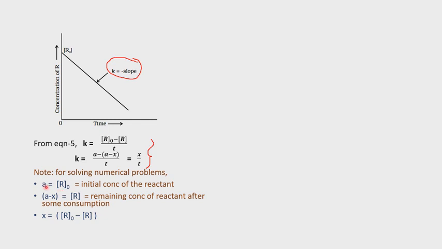So A is equal to the R naught. A minus x equal to the R. R naught represents initial concentration. R represents remaining concentration of the reactant after some consumption. So x equal to R naught minus R. Okay. Just you should remember, there is no alternate.